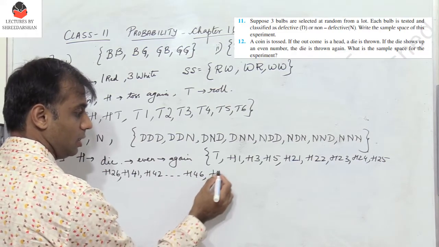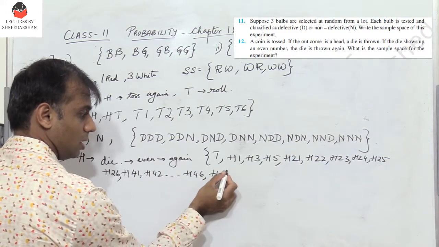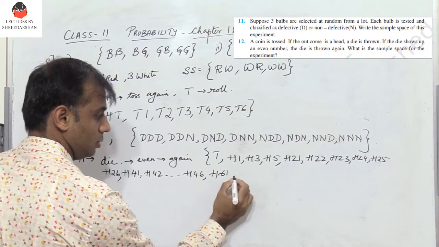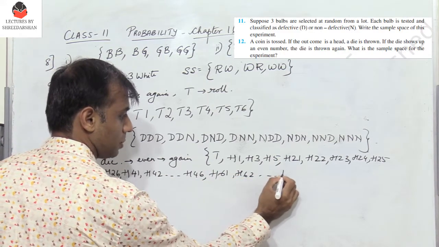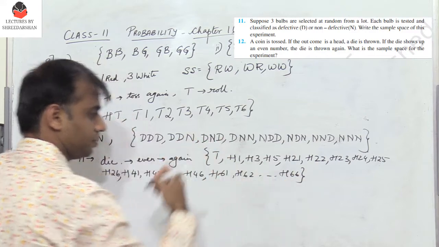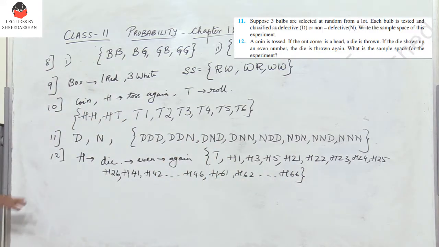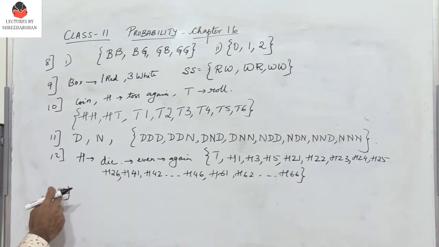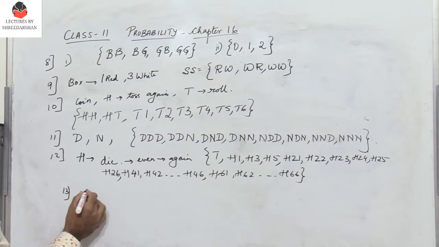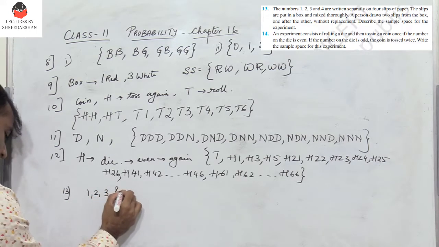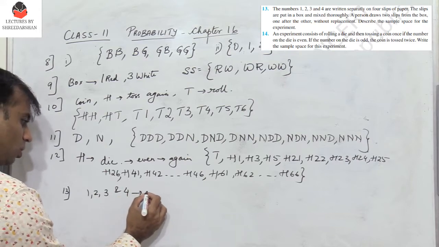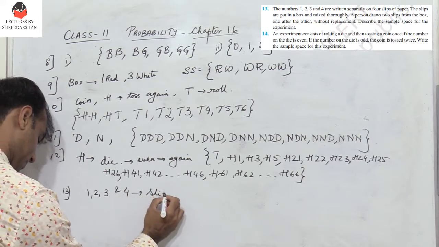Again I may get a head, an even number 6. Again I throw a die, I may get 1, H62 up to H66. So this is the sample space. Question 13. The numbers 1, 2, 3 and 4 are written separately on 4 slips of paper.